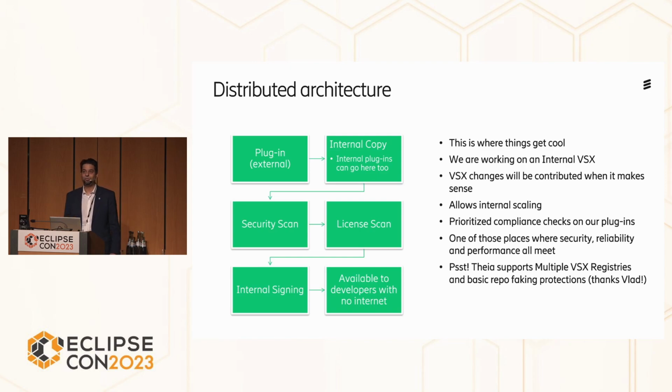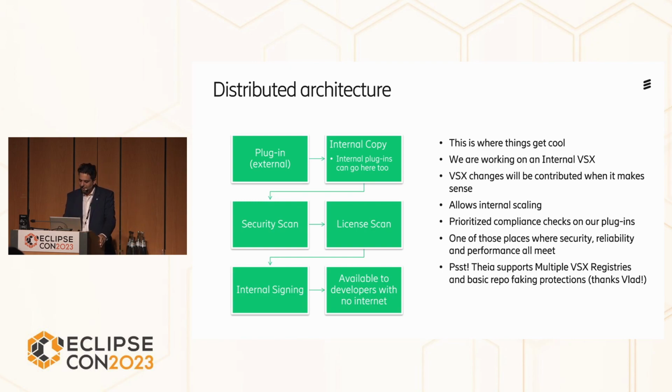So let's get down to the brass tacks. This is a part of the distributed architecture, and this is the workflow that is being presented at Ericsson for being able to automate having a good compliant marketplace. So you start off with your plugin. Your plugin's external, and you pull it in. And then you have your internal copies that go to the same secure repository.